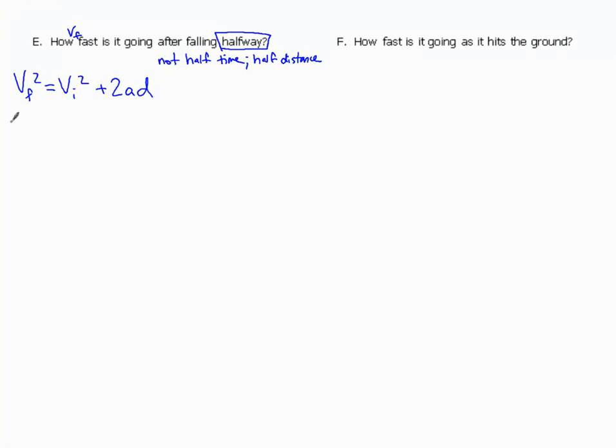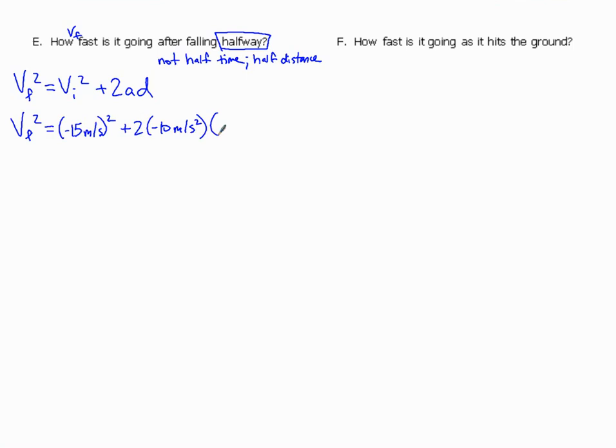So let's plug in some numbers. Vf squared equals, the initial velocity is -15 meters per second. We are throwing it down, it's the same example here. We need to square this velocity. Plus 2 times the acceleration of gravity, -10 meters per second squared, times the distance.